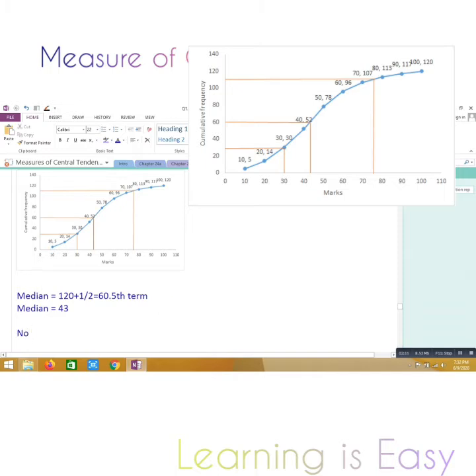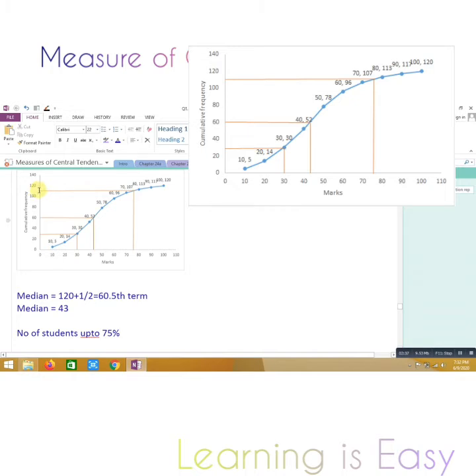Next we need to see number of students who obtained greater than 75%. So if you see up to 75, we can calculate by drawing a line from 75 marks in x-axis and draw a perpendicular line where it meets at y-axis.